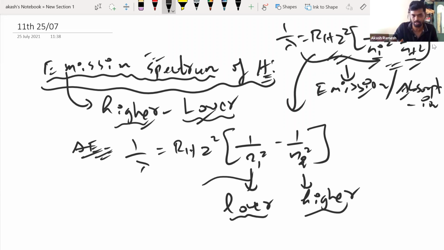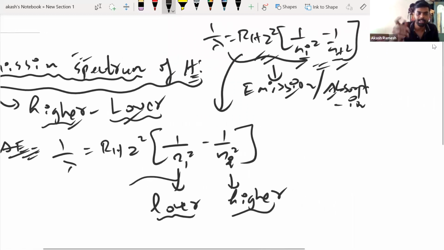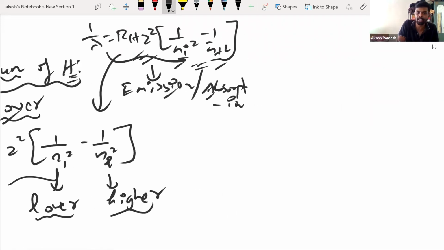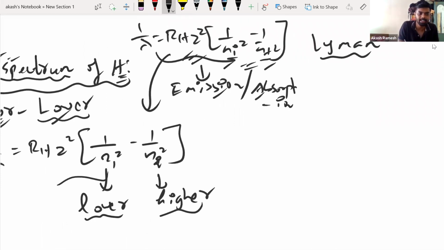There are reasons for this. Different scientists worked on different parts of the spectrum. If I move on, we'll understand why I'm talking like this. The first scientist was called Lyman. For Lyman, only N1 and N2 are going to be different.